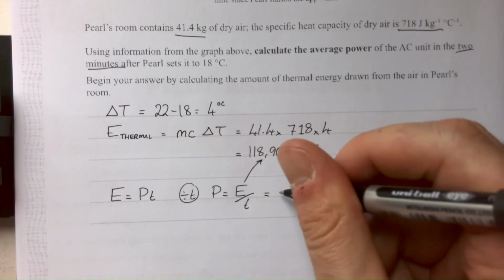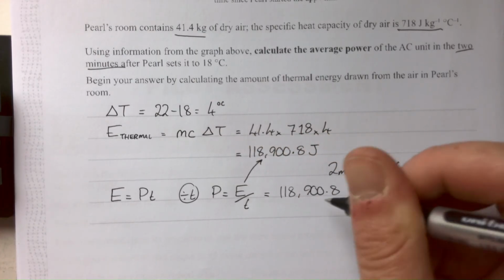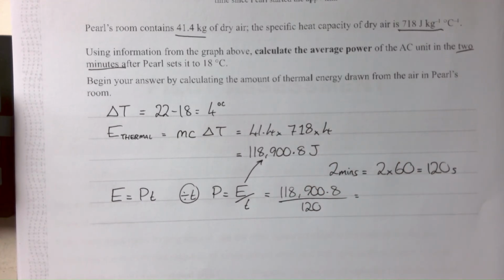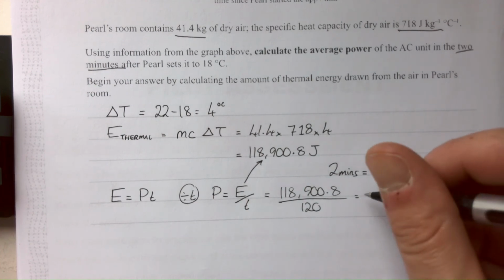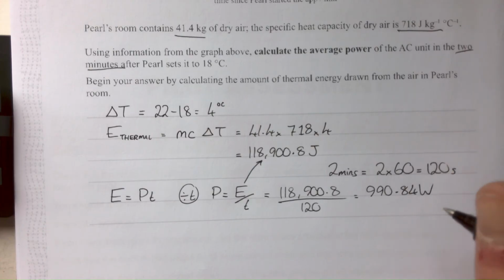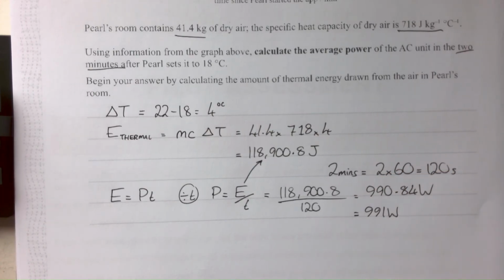And so our equation becomes 118,900.8 divided by 120. Put that in a calculator and you get 990.84 watts. I'm going to round it to 991 watts.